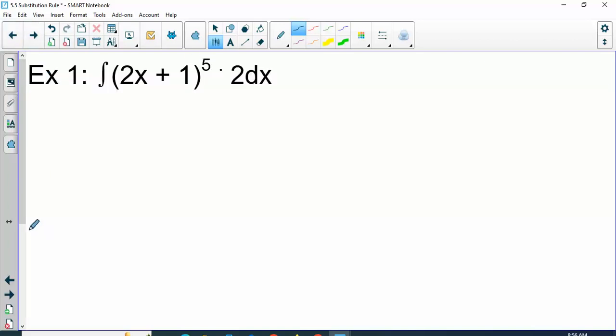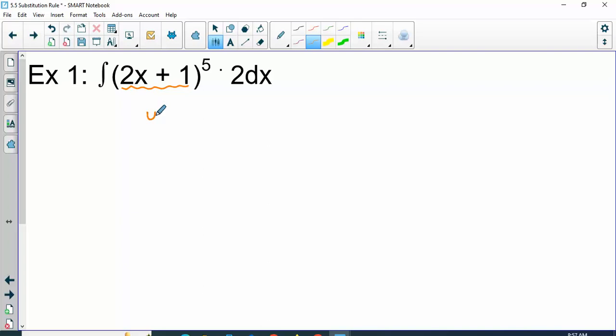So easiest is just to jump in and start looking at problems. Okay, this one, we could do the antiderivative on our own because we don't have multiple x's together, right? We've done chain rule in reverse. What substitution says is you can make a substitution in this problem. So the inside function is my 2x plus 1.